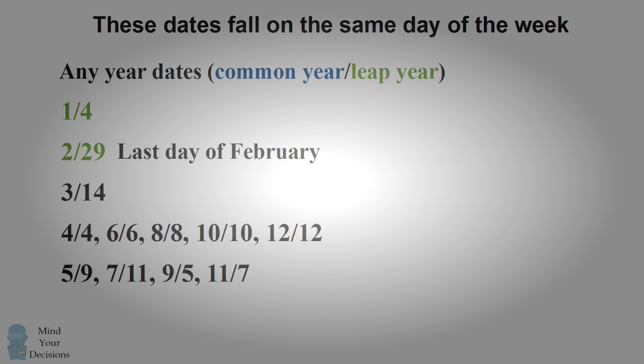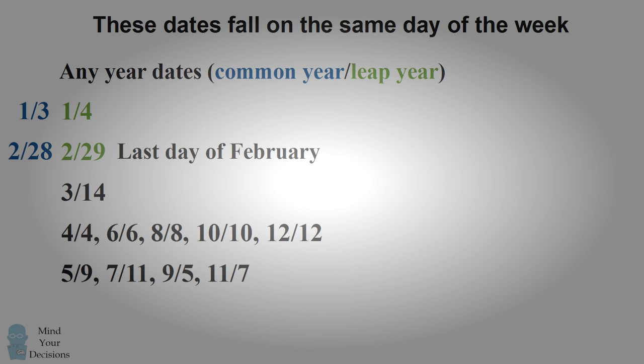So the last day in February in a leap year is 2/29, but in a common year it's 2/28. And for January 4th, which happens in leap years every 4 years, in a common year, which is the other 3 years, it happens on 1/3. So you can apply the Doomsday method by remembering these dates for common years and leap years. They will always fall on the same day of the week.